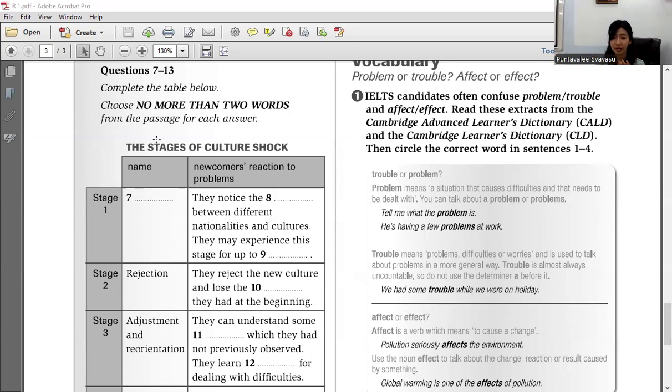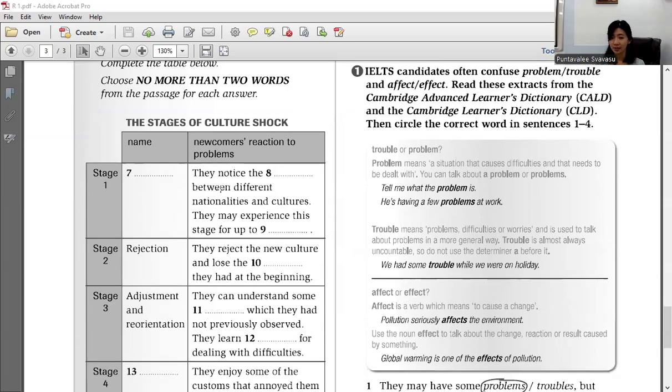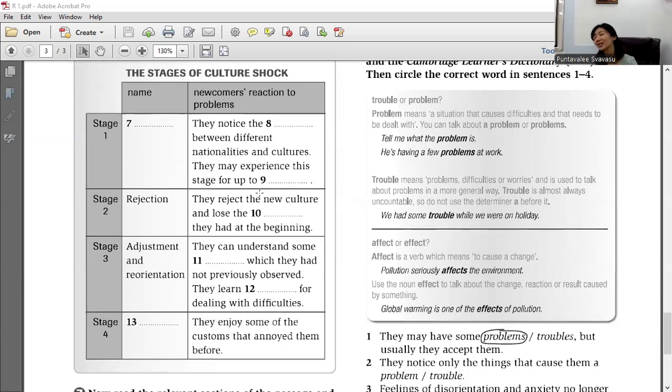Most of it would be a sentence, so they expect that the word you fill in the blanks makes the sentence grammatically correct. If it's grammatically wrong, then definitely it's a wrong answer, even if the meaning is kind of correct.